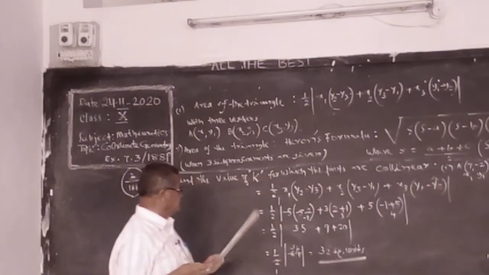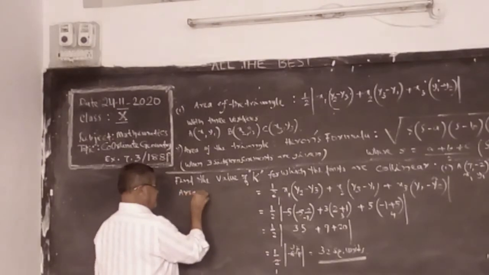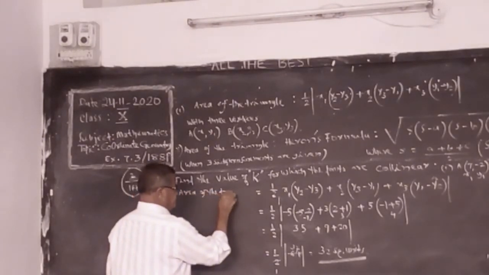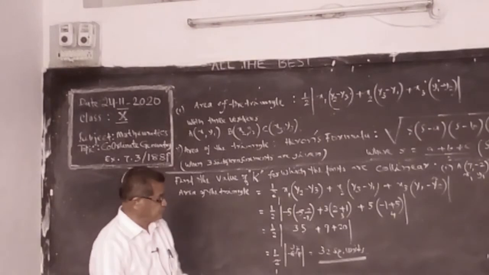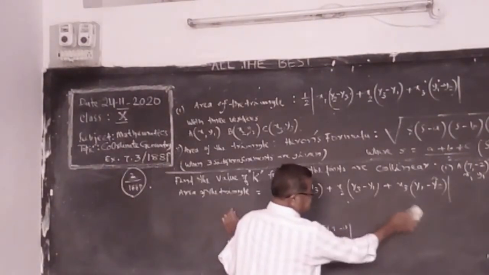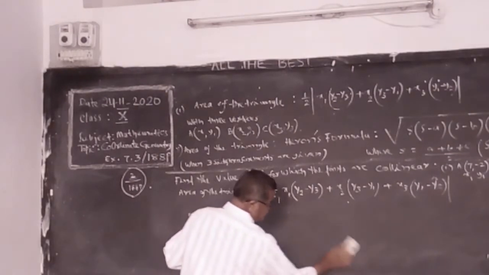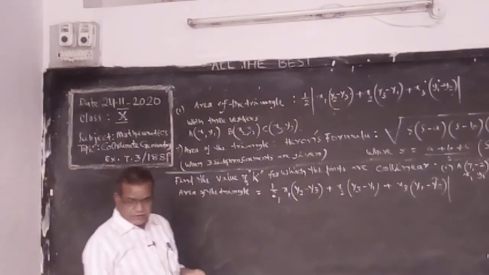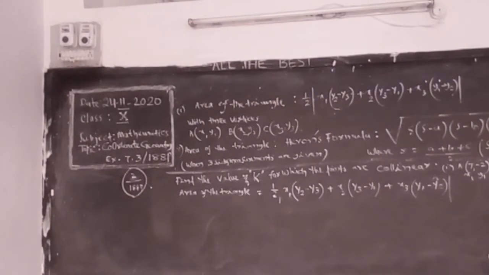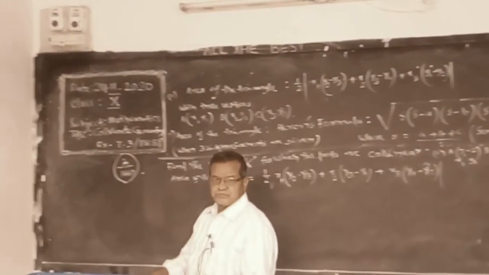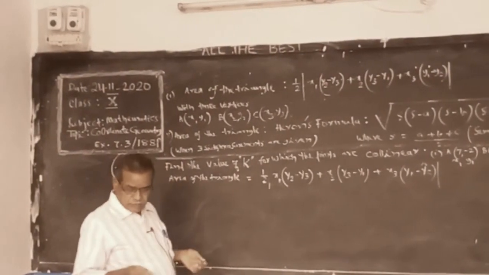The area of the triangle is 0. When it is 0, the points are collinear. Now substitute in the formula.